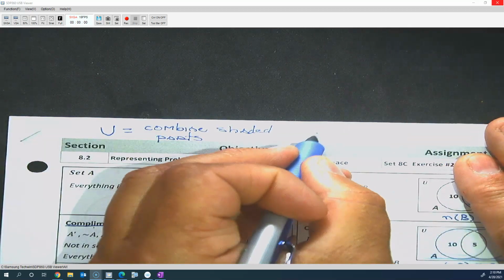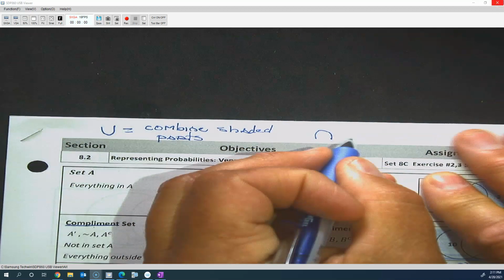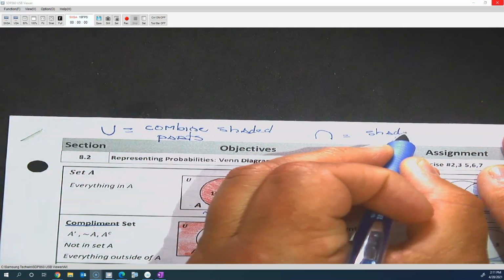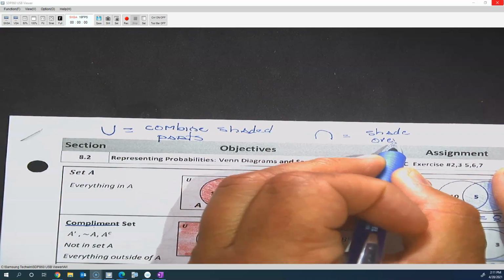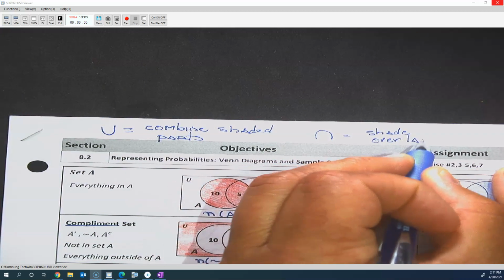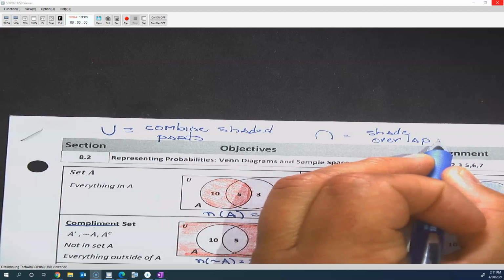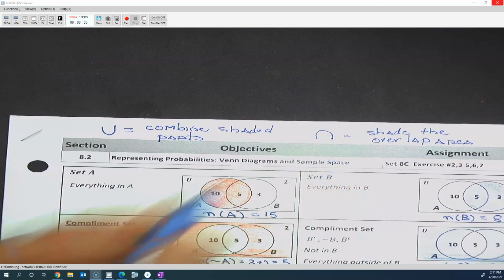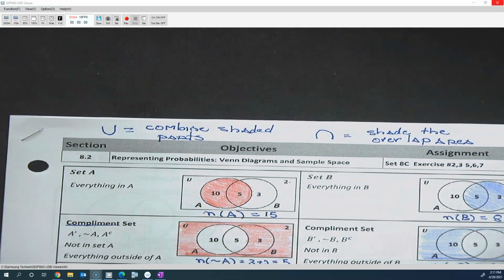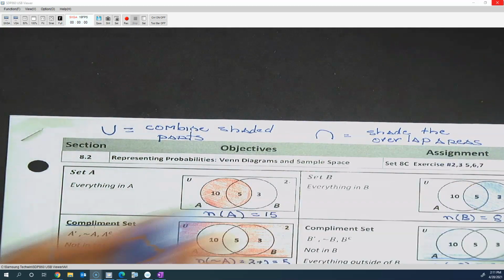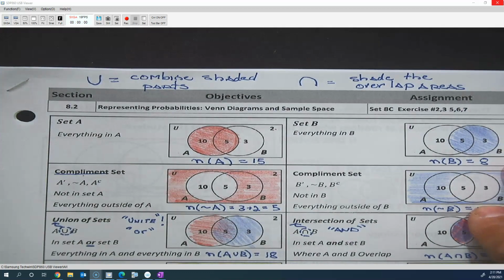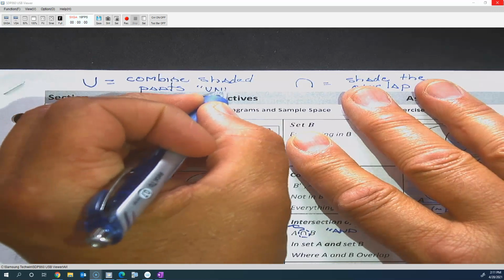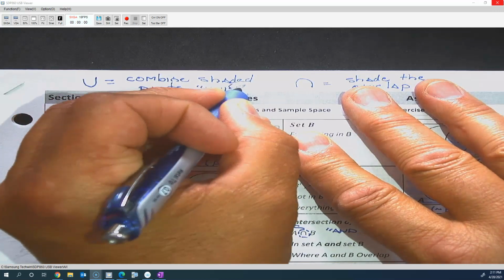When I see the intersection, I'm going to shade the overlapping parts. Areas or parts, okay? So remember, we're unifying our armies. Unify.